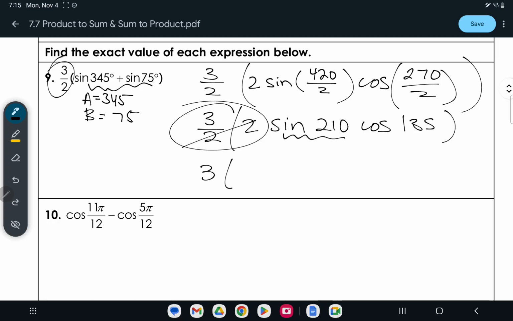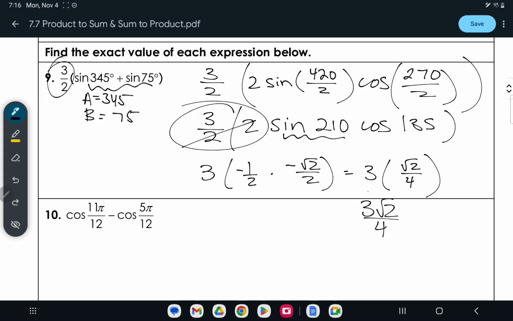Sine of 210 is -1/2, and cosine of 135 is -√2/2. So that's 3 times √2/4, which is just 3√2/4.